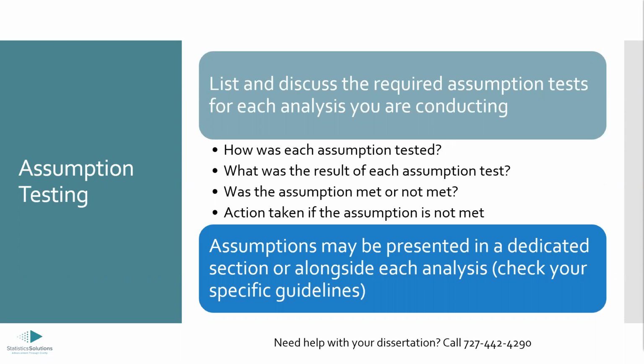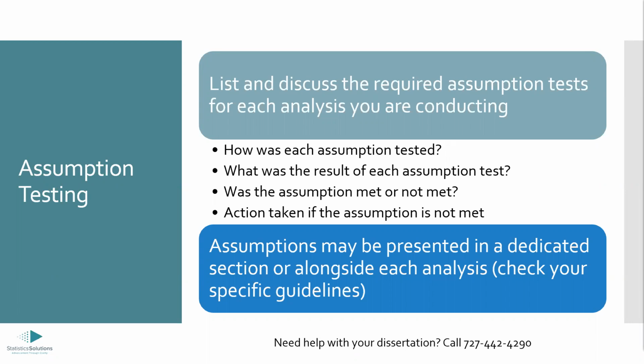And then you want to describe any action taken if the assumption isn't met. If you find that the assumption of normality is violated, what are you going to do about that? Are you going to try to transform the data or the variables to make the data normal? Are you going to try to remove any outliers that are causing the data to be non-normal?